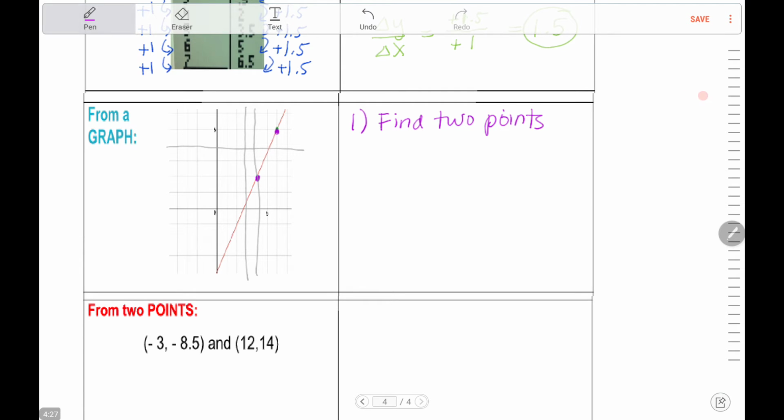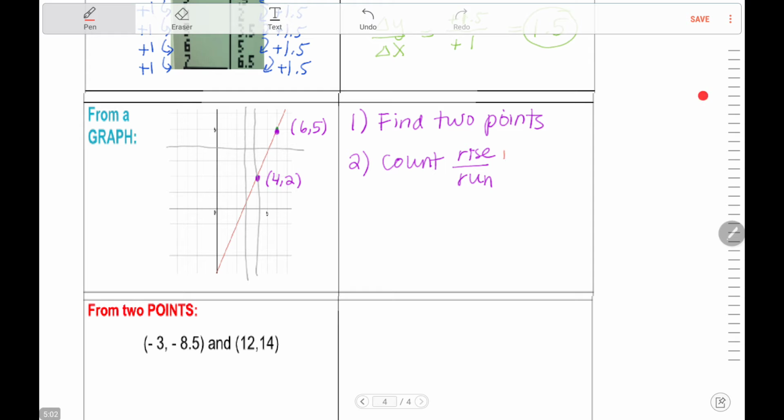It's hard to see. Okay, so first find 2 points, and I plotted those in purple. Those are super clear. This point here is the point 4, 2. And this point here is the point 6, 5. Okay, good. And then we can count rise over run. So I'm going to look in the graph, and to get from this first point to the second point, I rise.